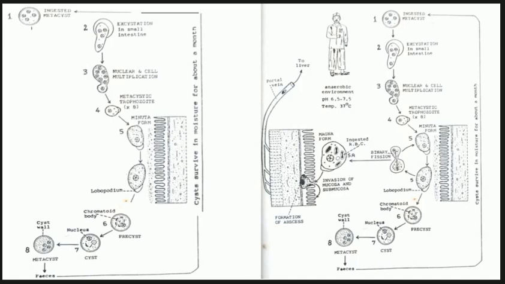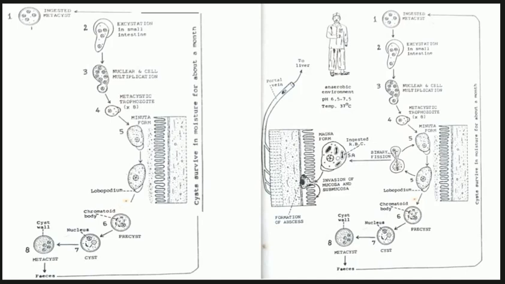That may lead to either the minuta getting converted into the metacyst, or at the same time it may get converted into the magna form. The magna form infects the intestine, damages the intestine, and may enter into the bloodstream and go towards the liver or any other organs, lungs, brain. Okay, so we have seen all these things in previous lectures.